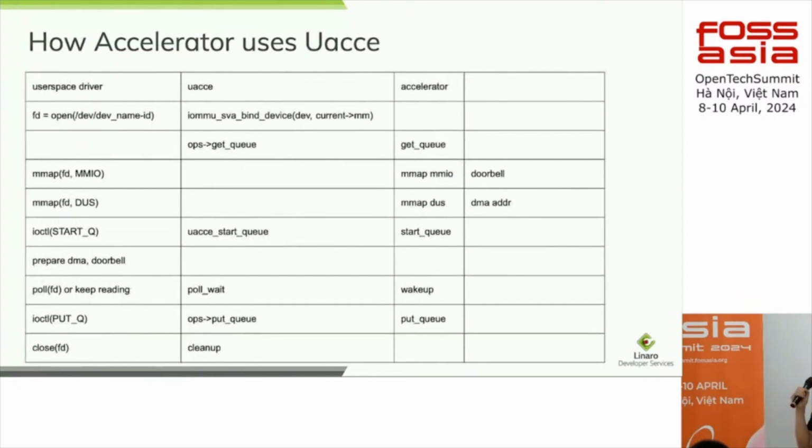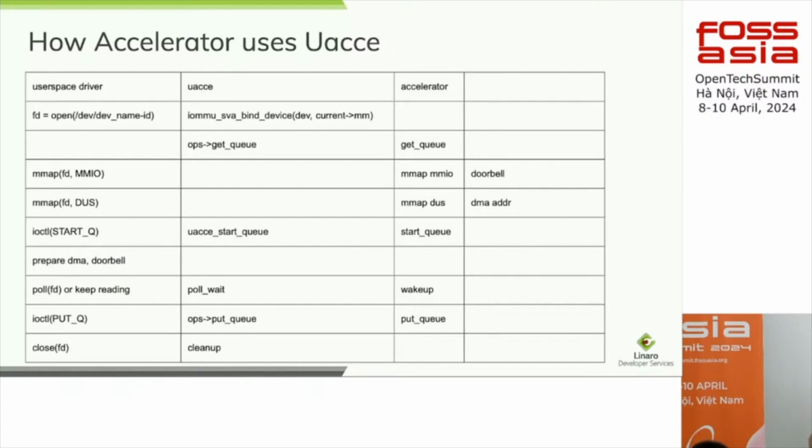So after the registration, the application can directly open the UACCE. It is a char device, so you simply open the char device. With that open, UACCE will bind the device, the accelerator, with the current MM. After that bind, the virtual address can be directly recognized by the application and the accelerator.